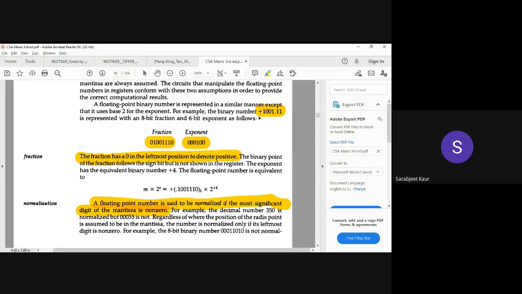Or they will say represent this number in floating point representation. So all you have to do is give the value of the mantissa and the exponent and say that this is actually equal to this. Okay, right?